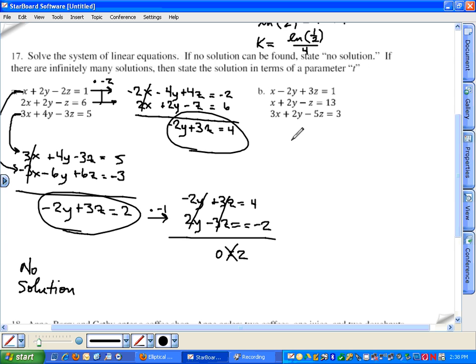Now part B is going to be very similar, except when you get to this step, both variables are not going to cancel out.